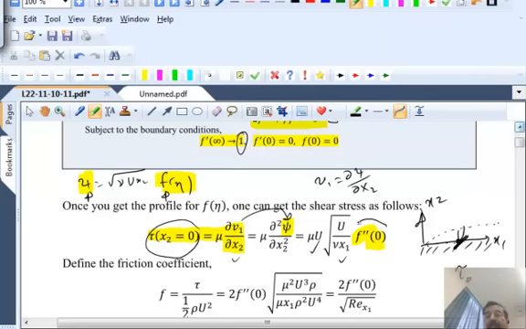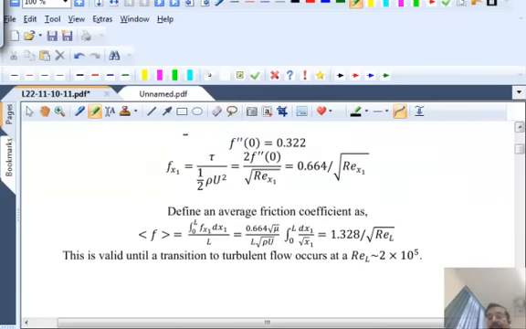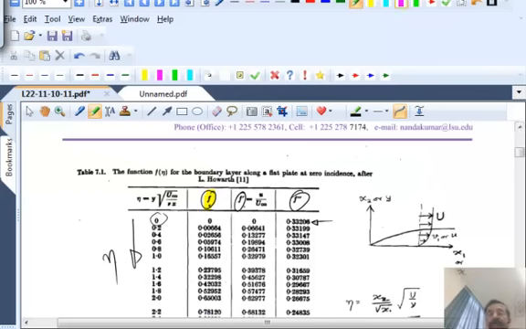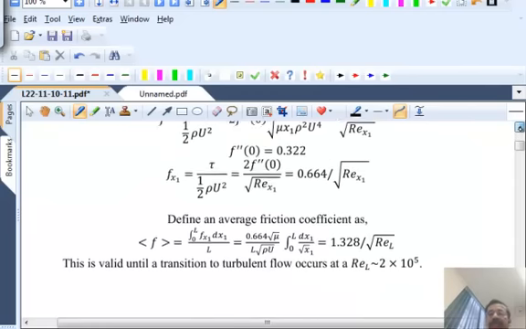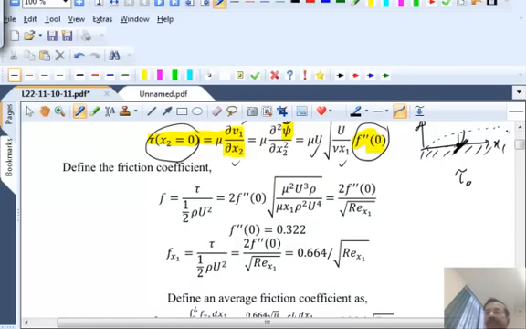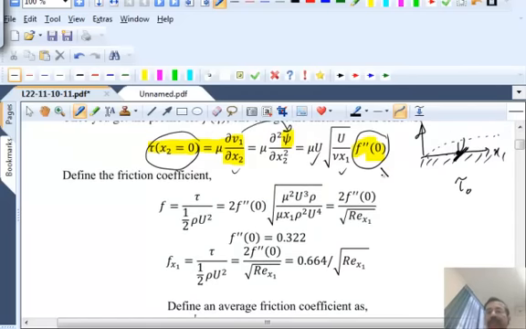But this is going to be a constant number, and that number is the first number in the third column: 0.33206. That is f double prime at 0. So pick that number and put it back into this expression. Replace this by 0.332. That is coming from a solution.